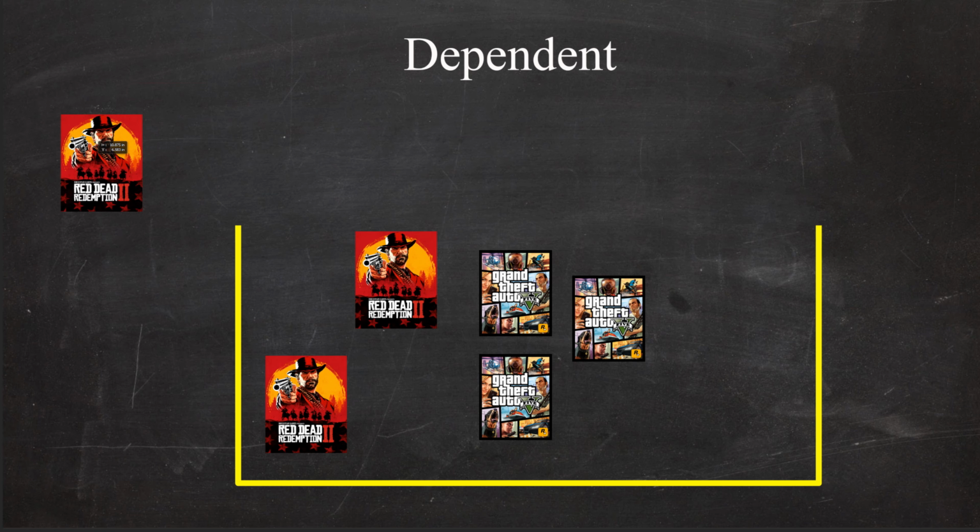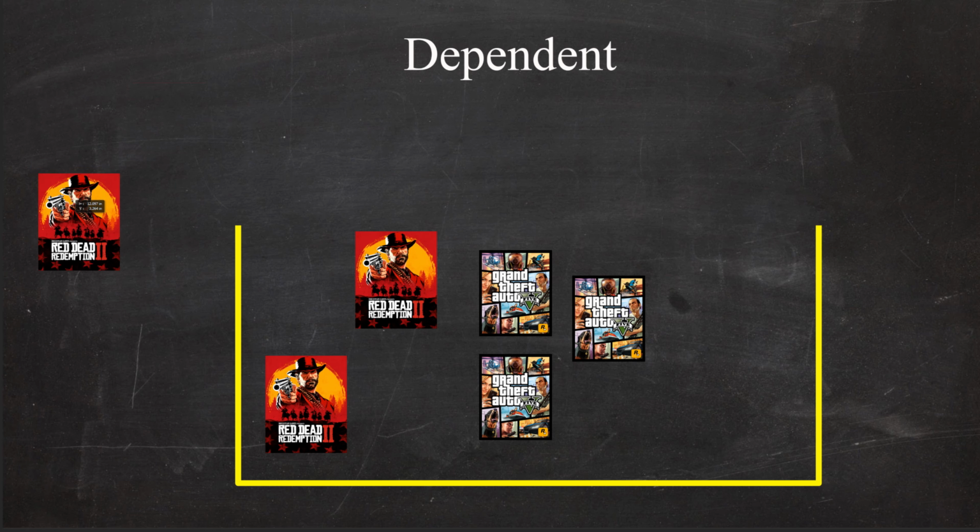So let's assume we grab Red Dead Redemption 2 on our first grab and we keep it to the side. Now, the second grab only has 5 games to choose from. Therefore, this action, removing something from the bin or a jar or anything and not putting it back, makes this type of equation a dependent probability equation, because now the probability of the second grab is dependent on what happened in the first.